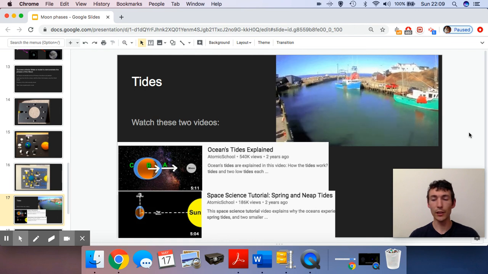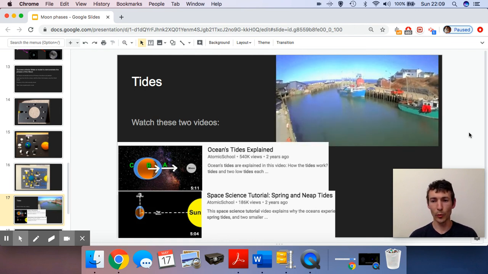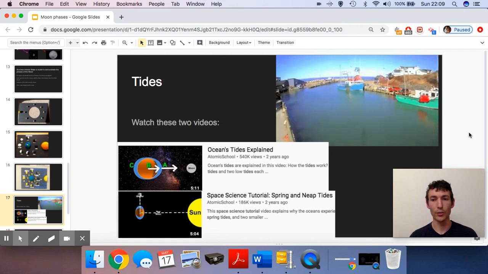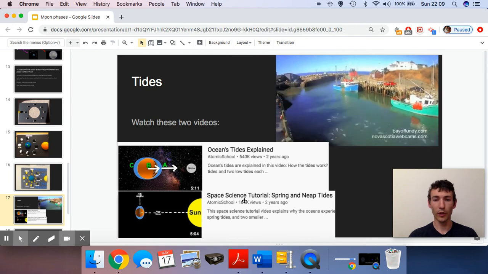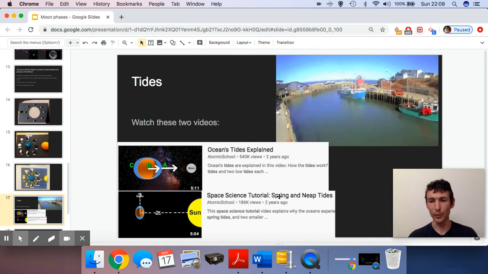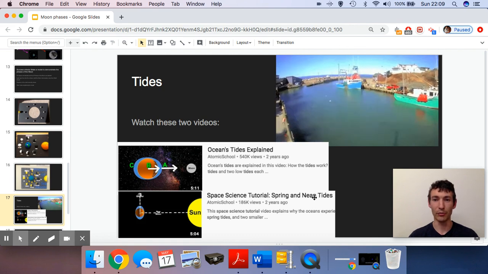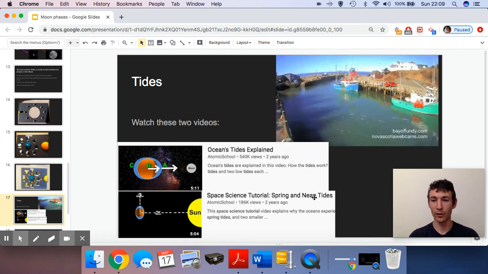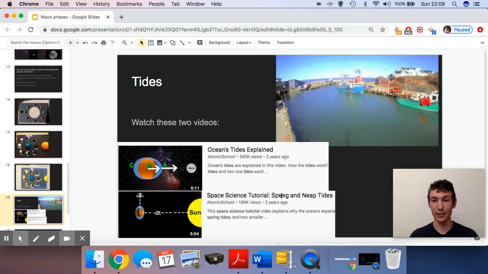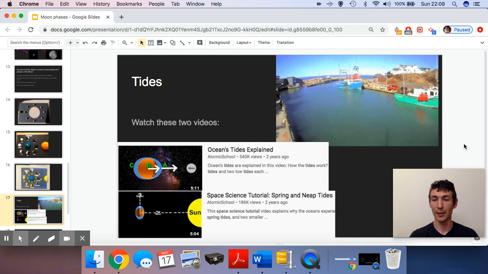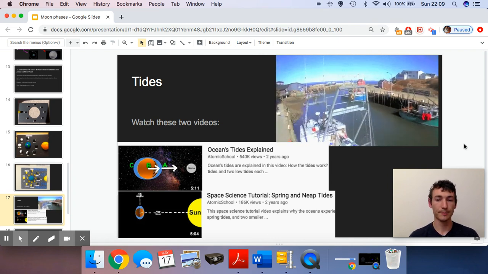Well, particularly in wintertime in Ireland, when we're doing weather forecasting and predicting a lot of rainfall, so there could be flooding, we would also be watching whether we are going to be on spring tides or neap tides, to see if we are going to have a really dangerous amount of flooding or a little bit less. Spring tides are extra high and extra low. Neap tides are not so high and not so low. And these videos explain why that is the case.